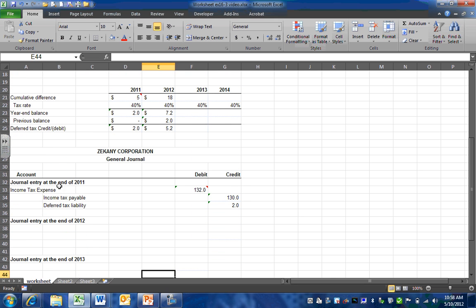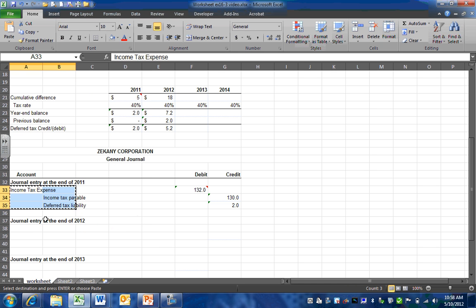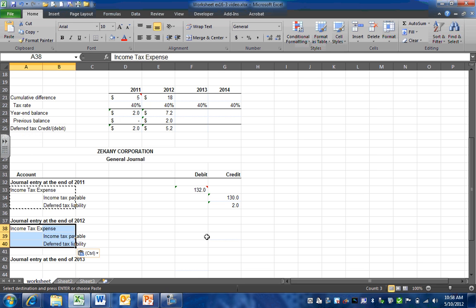So for 2012, a journal entry will have the same setup for debits and credits, since we'll be increasing the liability this year. Again, our income tax expense is to balance.